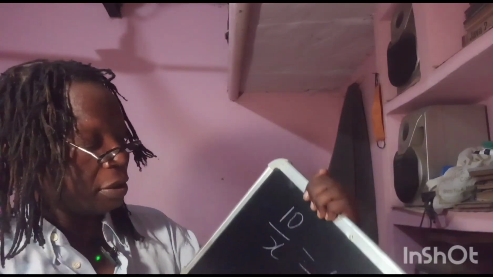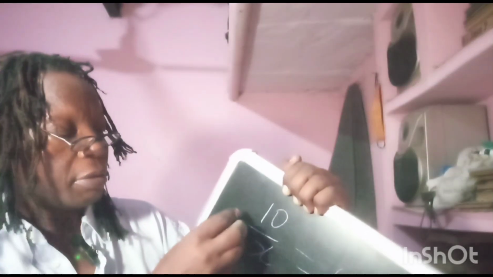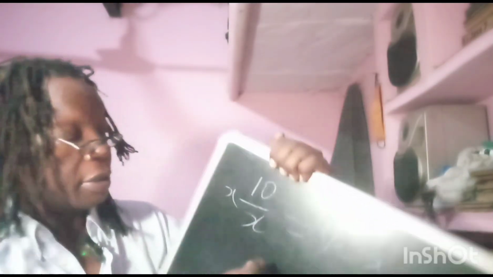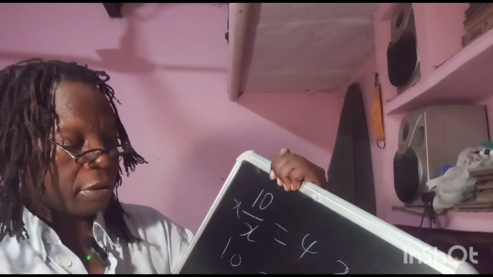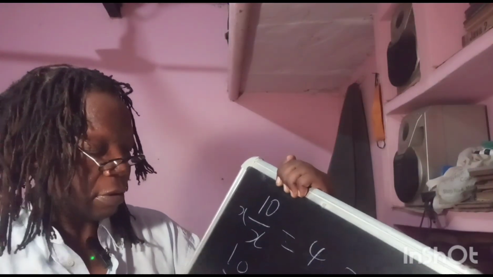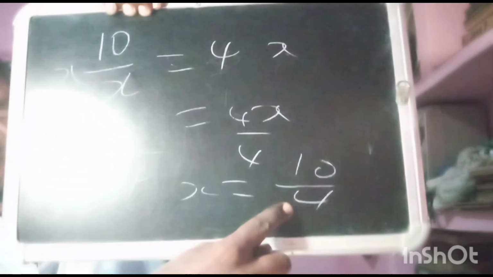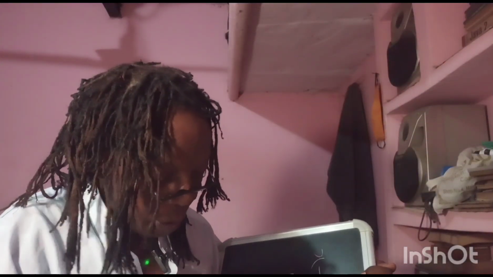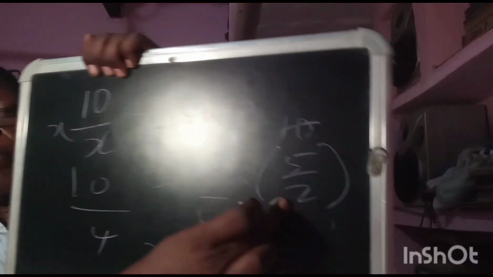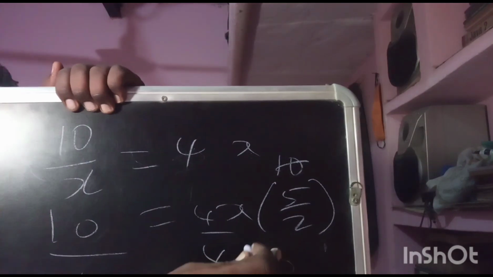We don't have to do all this cross multiplication. The simplest thing to do is to multiply both sides by x. So 10 is equal to 4x divided by 4. So x is equal to 10 over 4. Okay. In other words, 10 over 4 is like 5 over 2. Right? 5 over 2, and you can divide this, plug it in the calculator and find the answer.